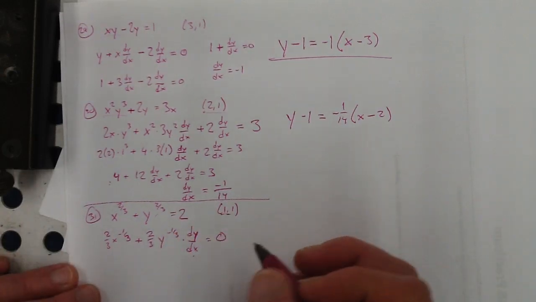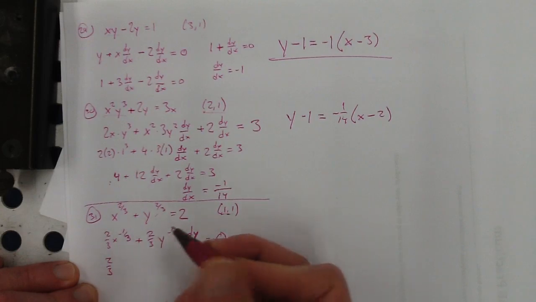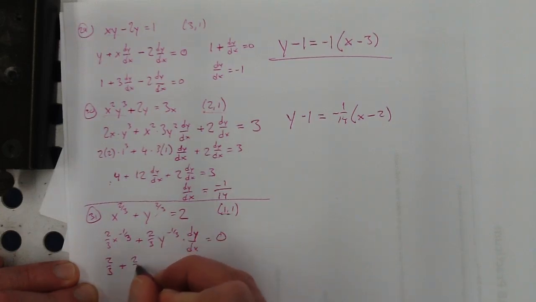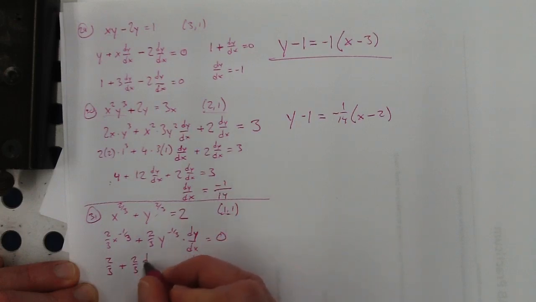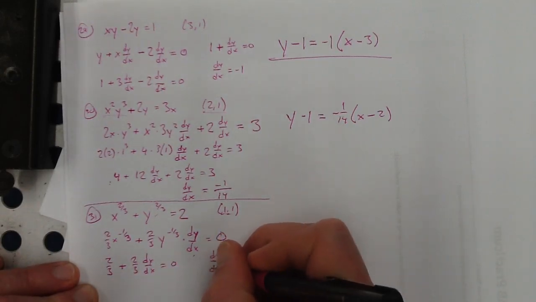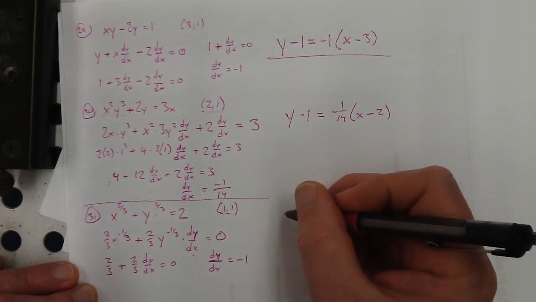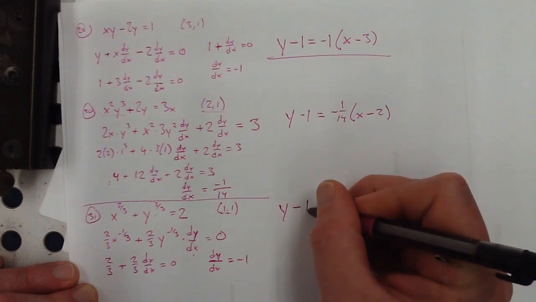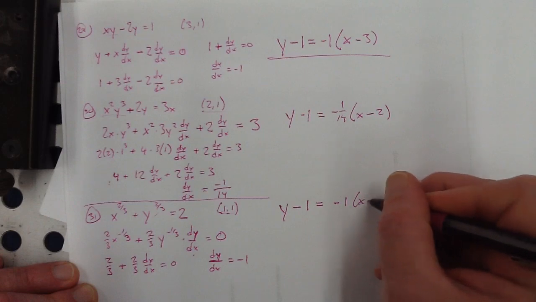Well, it's marginally easier because 1 to whatever power is just 1. So 2/3 times 1 to the negative 1/3, that's just 1. 1 to the negative 1/3 is just 1. dy dx equals 0. So a little bit of math, and so dy dx has to be negative 1. So y minus 1 is equal to negative 1 times x minus 1.